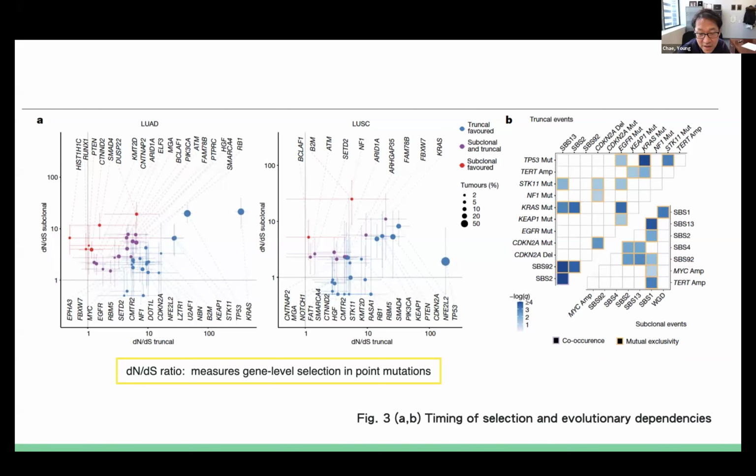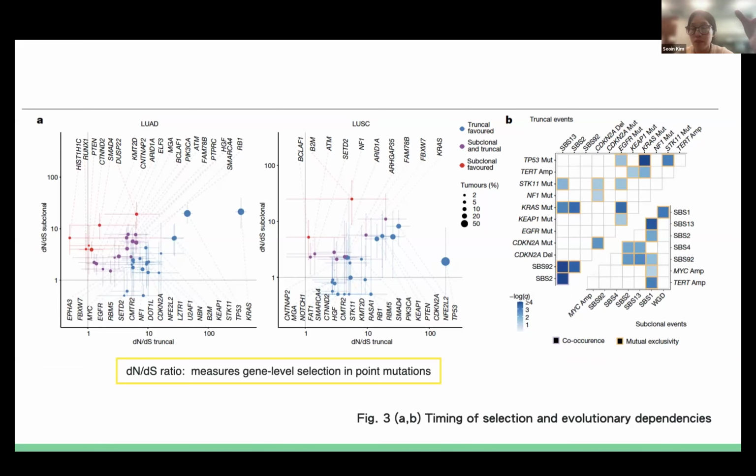Okay, and the truncal events, explain the right side graph. So this graph shows the dependency between the mutations. For example, if you have SBS13 on the truncal events at the very top, you're not going to have SBS92 truncal mutation because it's mutually exclusive.